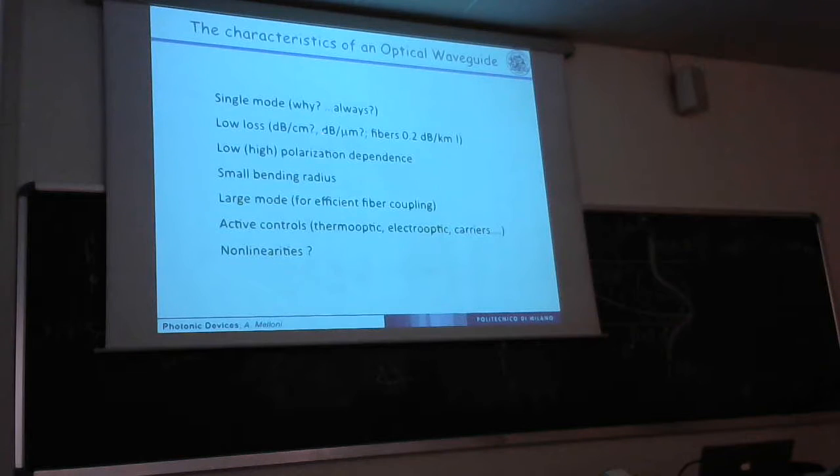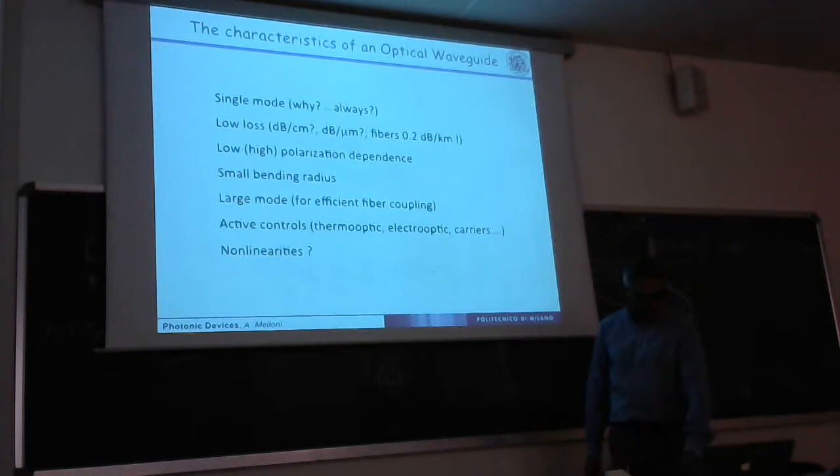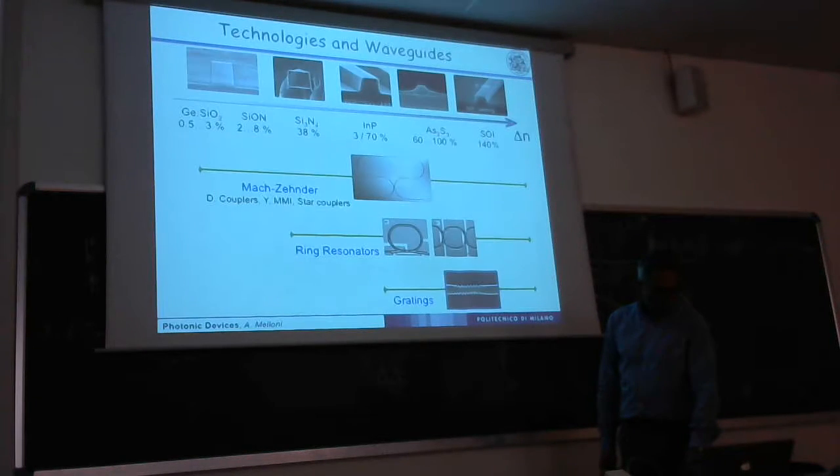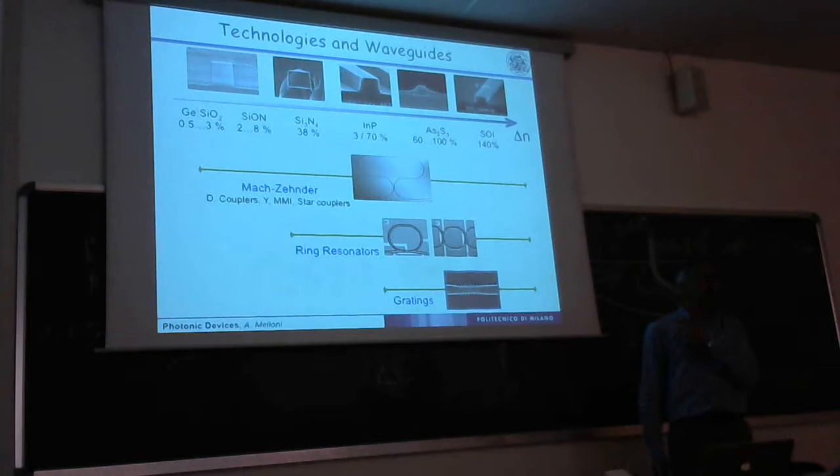So these are the characteristics, and you put a priority in this list depending on your application. I already showed you this slide, but probably you are now able to understand it a little bit better. I showed it to you the first week, probably the first day. Now you understand a little bit better, and we will come back to this slide later.